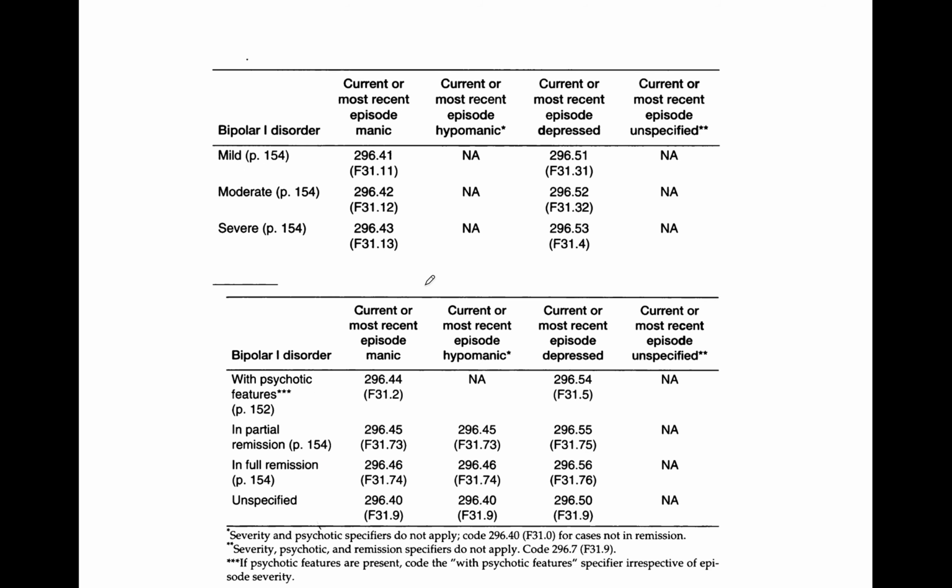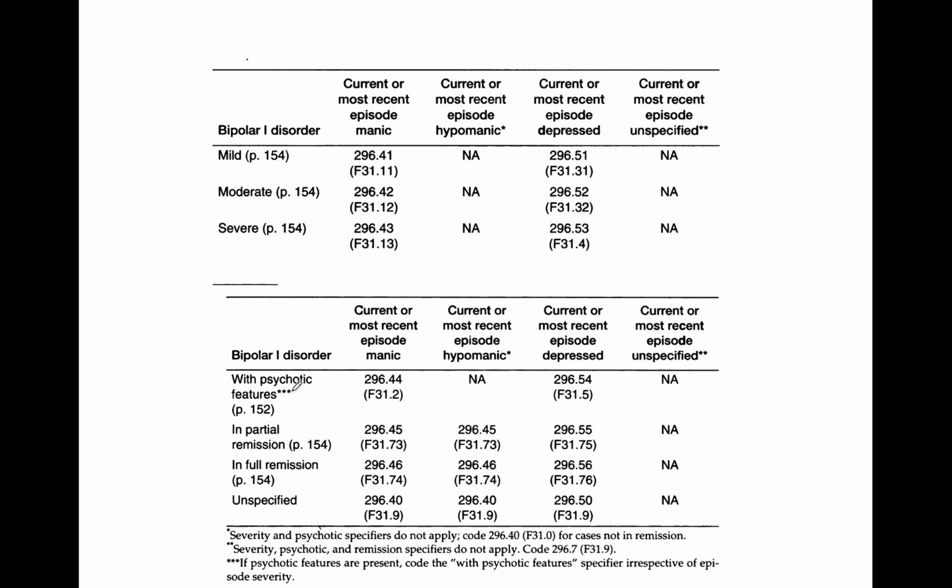And just like before, you've got some specifiers to look at. Mild, moderate, severe. The current or most recent episode is manic, hypomanic, depressed, or unspecified.